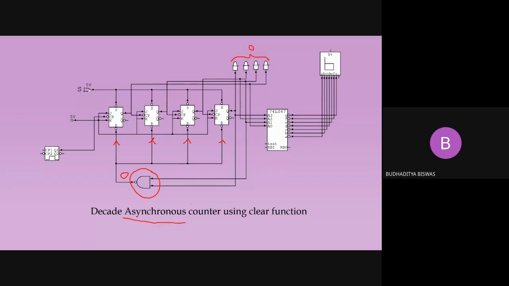Some states we are skipping; we are not allowing the counter to count up to the maximum number of steps. For a 4-bit counter, the initial state is 0 and the final state is 15, that means 1111, total 16 steps. But if you want to skip some of the 16 steps, then you need to design it accordingly, and that is the asynchronous counter design.